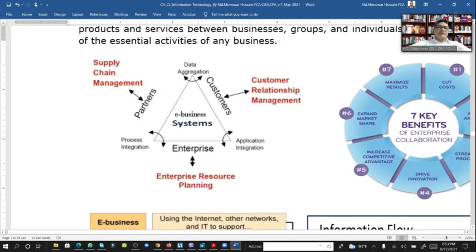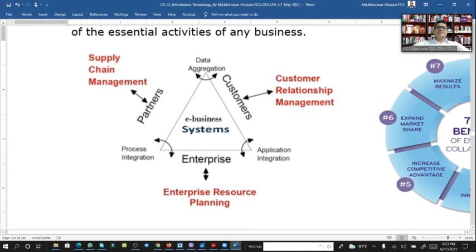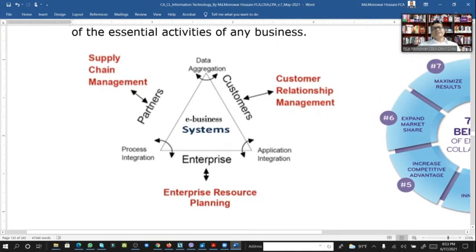So here we see the e-business system and how it can be done. In the e-business system, we have the enterprise, the partners, the stakeholders and the customers. Among these stakeholders, suppliers connect through supply chain management, customers through customer relationship management, and the enterprise through enterprise resource planning. Those three items, from your last chapter, can be collaborated through data integration, process integration and application integration.